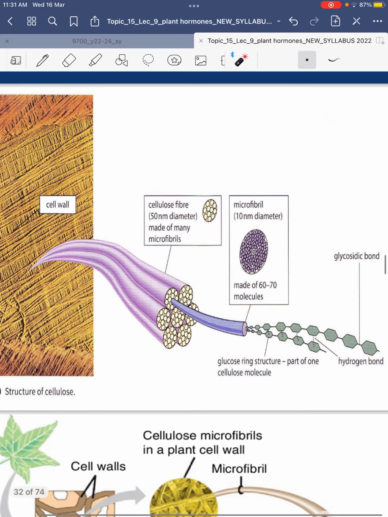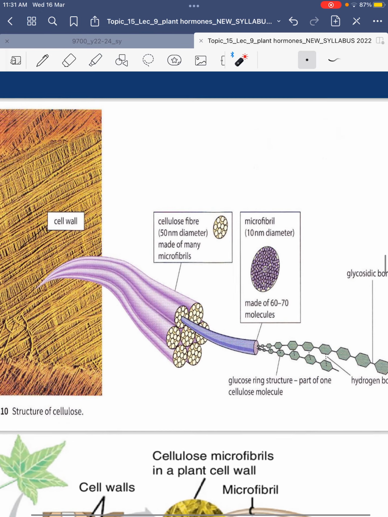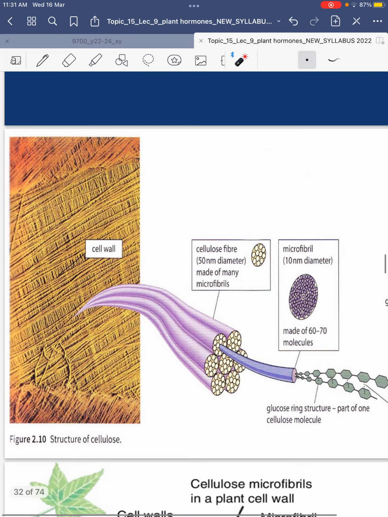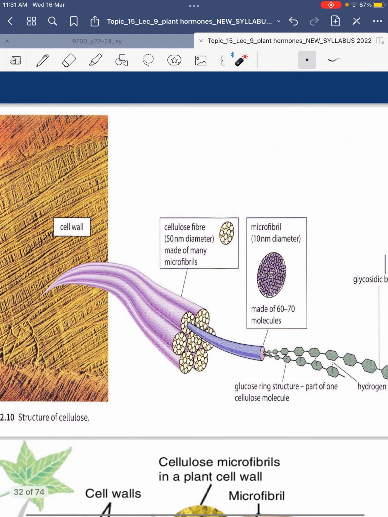Now we're going to look again. Let's do a recap now. First of all, the cellulose cell wall. If you take any section from here, that's called a cellulose fiber.